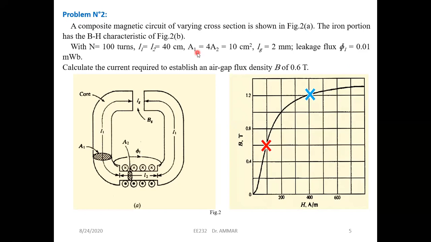Okay, so it's not neglected. Calculate the required current to establish an air gap flux density B equals 0.6. Or in another meaning, find the current required to achieve 0.6 Tesla in the air gap.